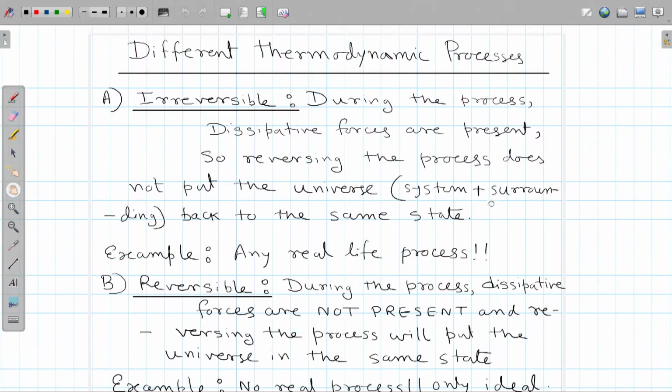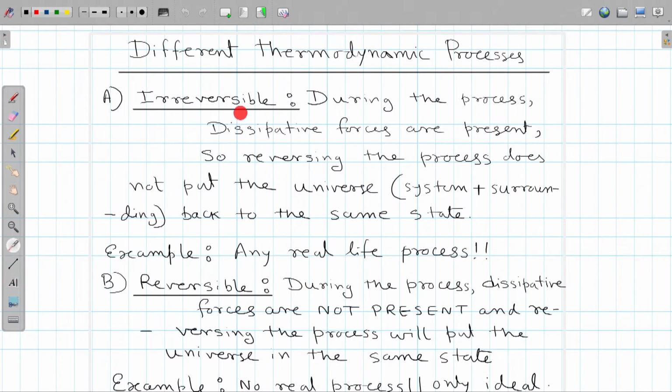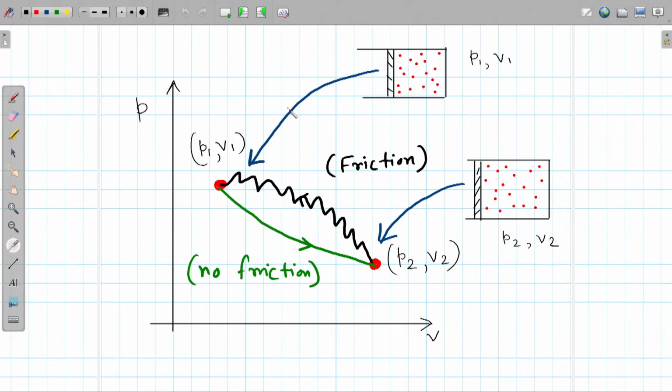Now let us start with the definition of an irreversible process. So in the last class we talked about a diagram. Basically we talked about one such diagram where the system, in our case, is a closed gas system inside a piston cylinder arrangement.